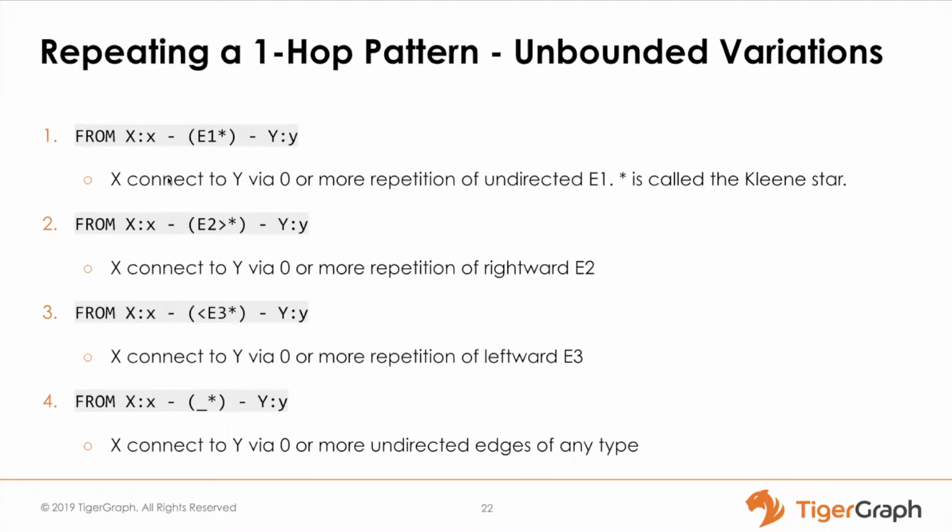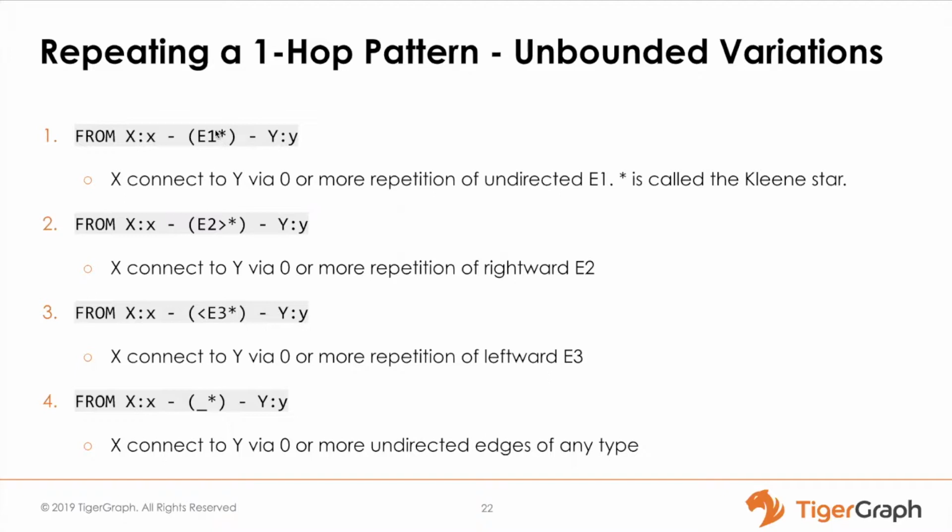For example, in this first pattern, I start from X, and then I want to go through E1 0 or more times, and then reach the target Y. But I don't know how many hops I need to reach Y. I just want to find all of them.